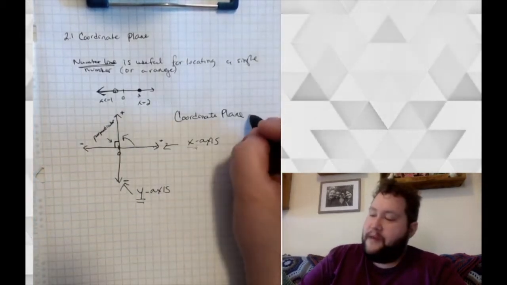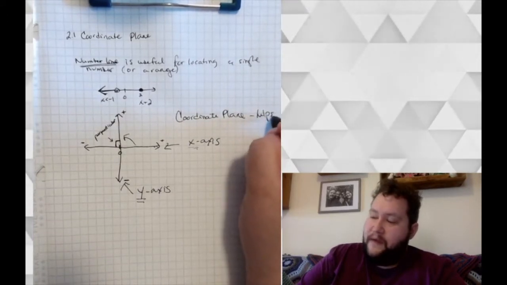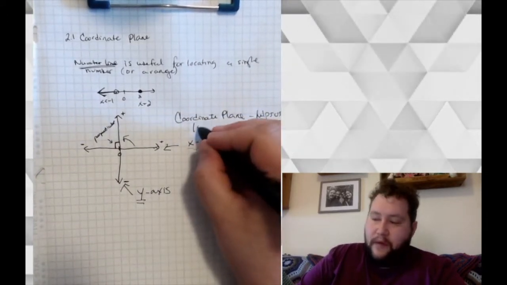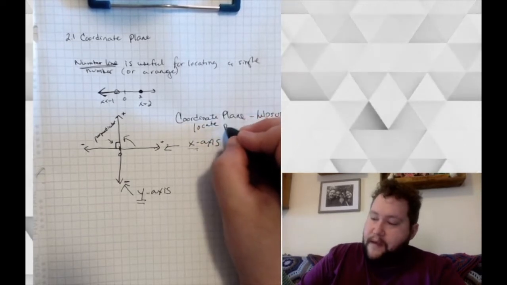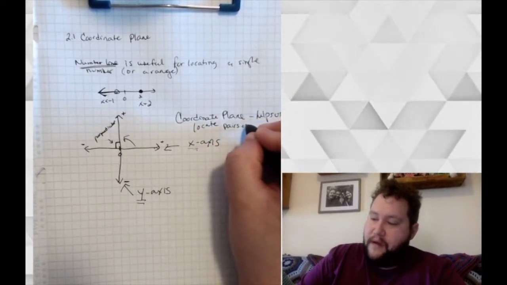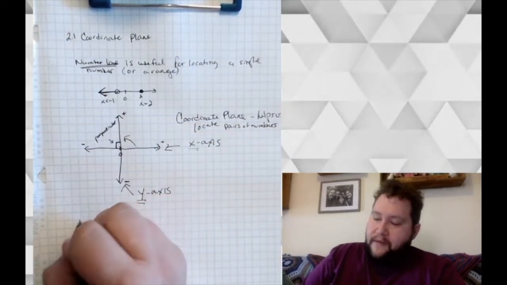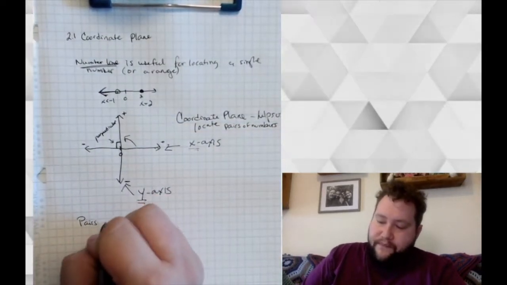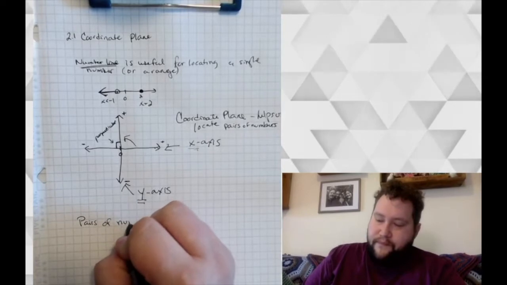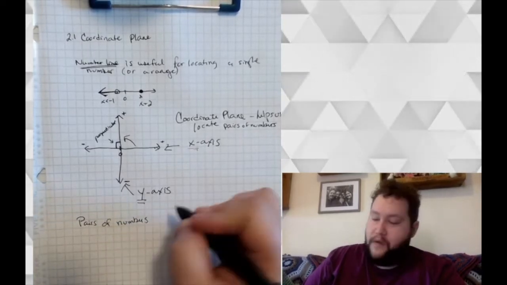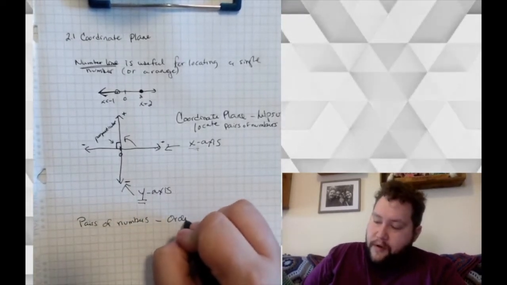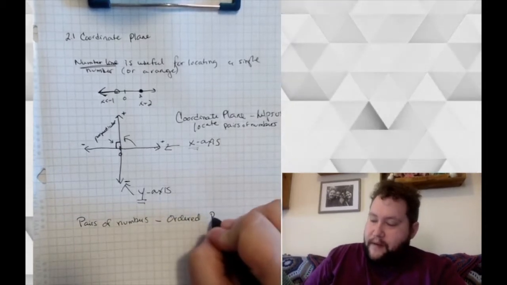So this coordinate plane helps us locate pairs of numbers, and pairs of numbers are called ordered pairs.